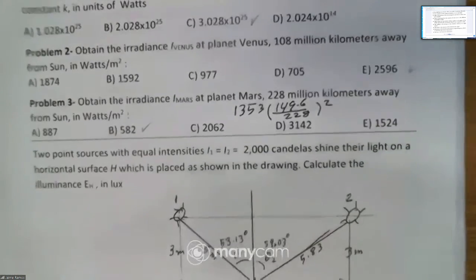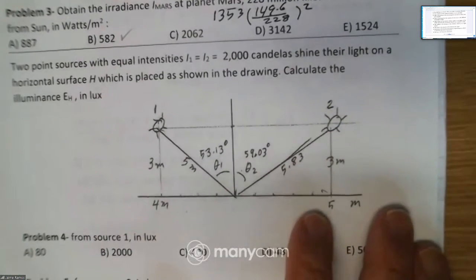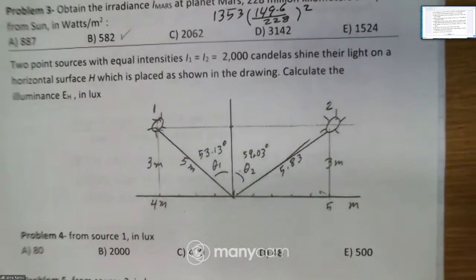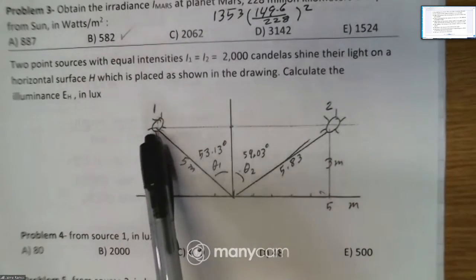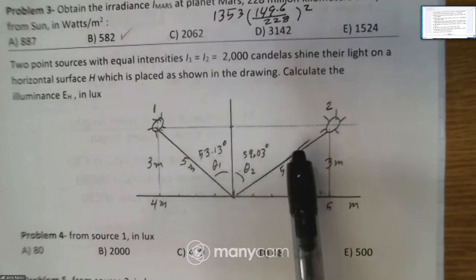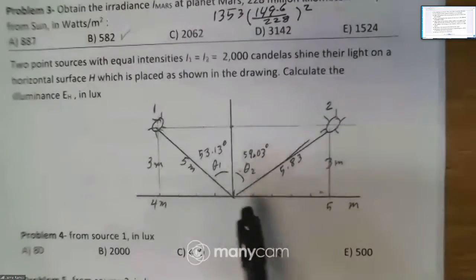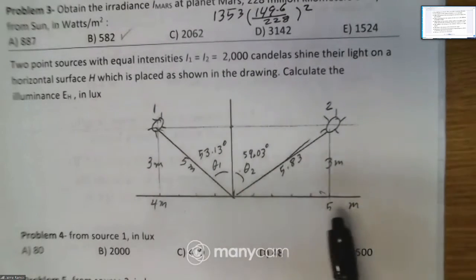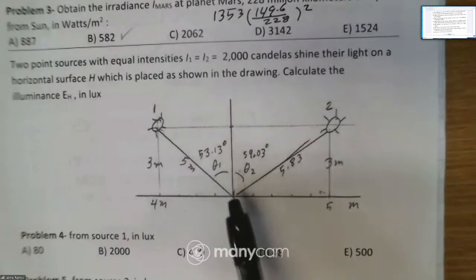Okay, now let's look at this exercise. So here we have, it says 2 point sources, 1 and 2, equal intensities, in candelas, horizontal surface, and here is the geometry, 5 meters away.